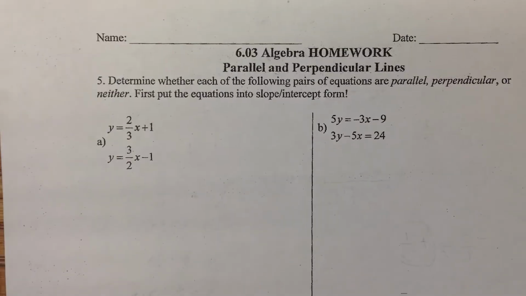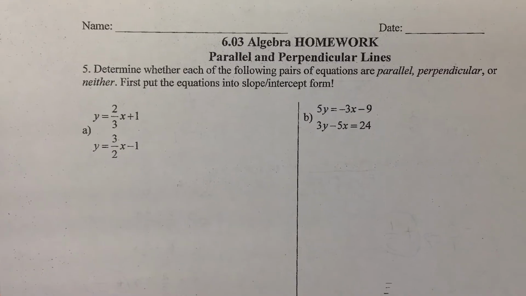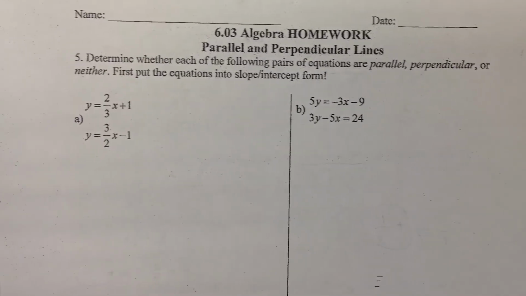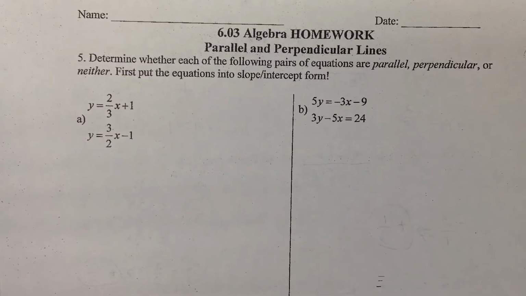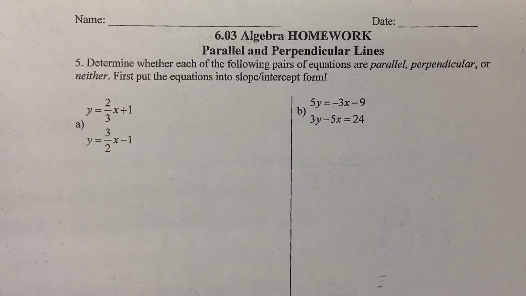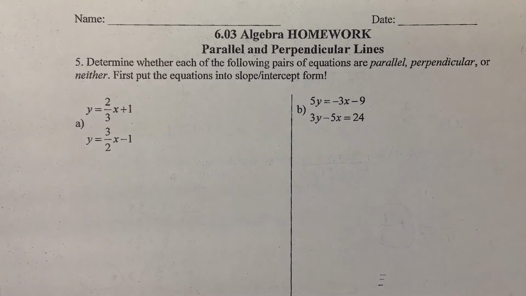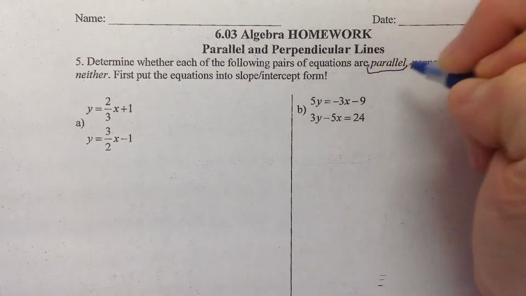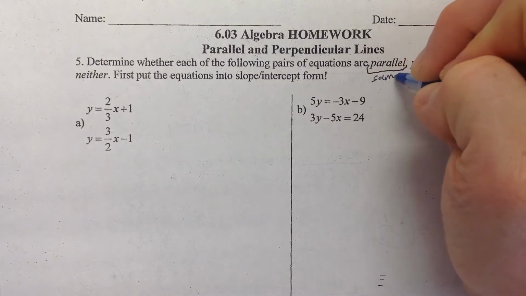All right, on the back it says determine whether each of the following pairs of equations are parallel, perpendicular, or neither. First, put the equations into slope-intercept form. All right, so that's just saying solve for y, because without solving for y, you don't know the slopes. So what we have to remember is parallel lines have the same slope.